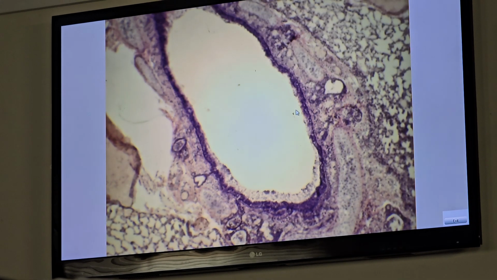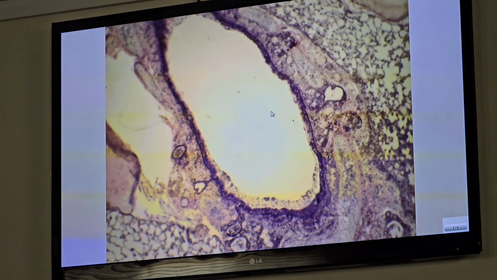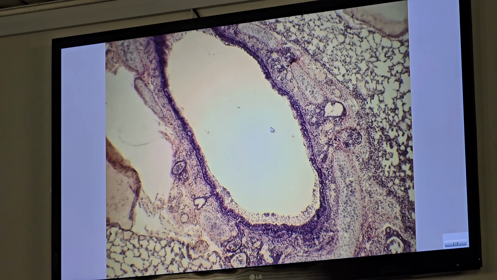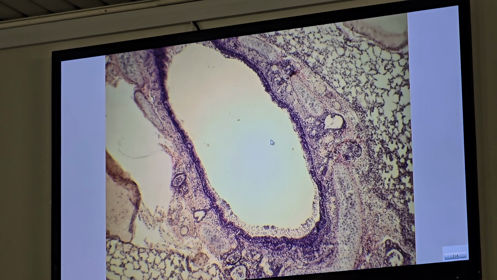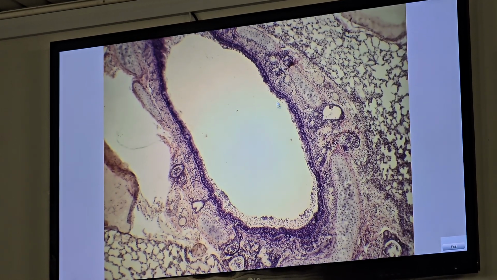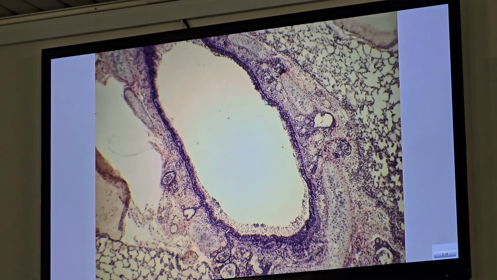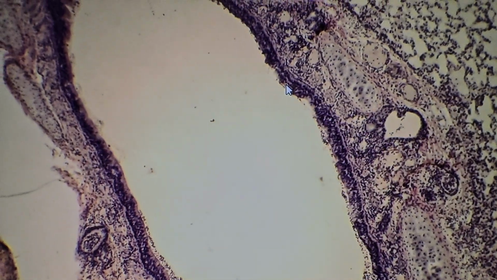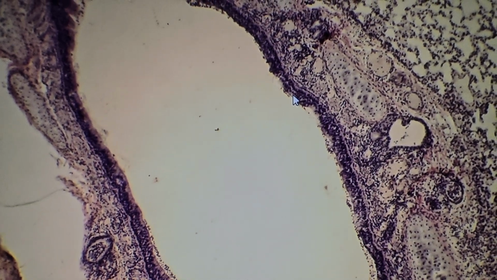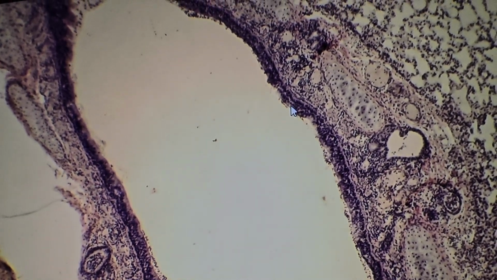In this slide, we can see a cross section in the bronchus. In the larger bronchi, the lining epithelium is still pseudostratified columnar epithelium with complete hyaline cartilage rings.